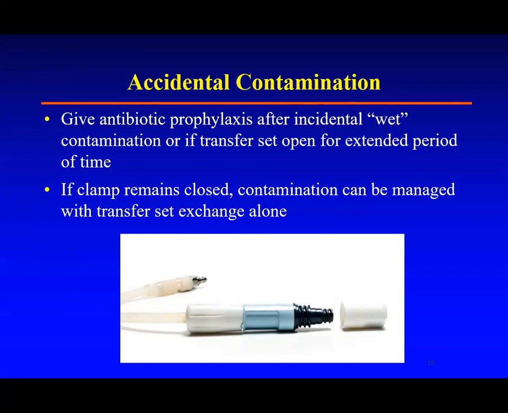If the clamp remains closed and the tip of the transfer set has become contaminated and the patient is aware of it, if they keep that closed, do not perform an exchange, and then you exchange the transfer set, no antibiotic is needed.